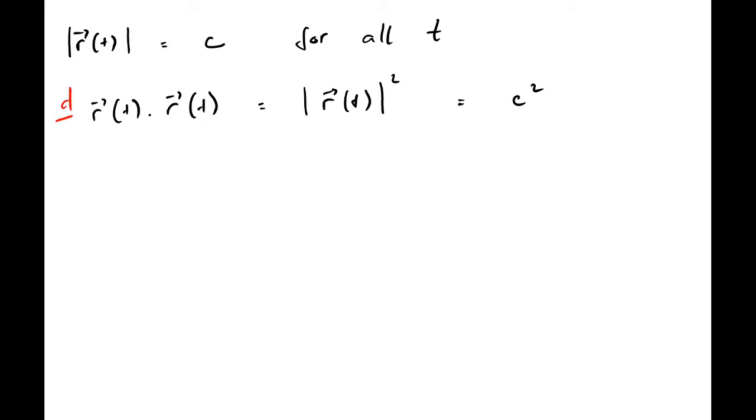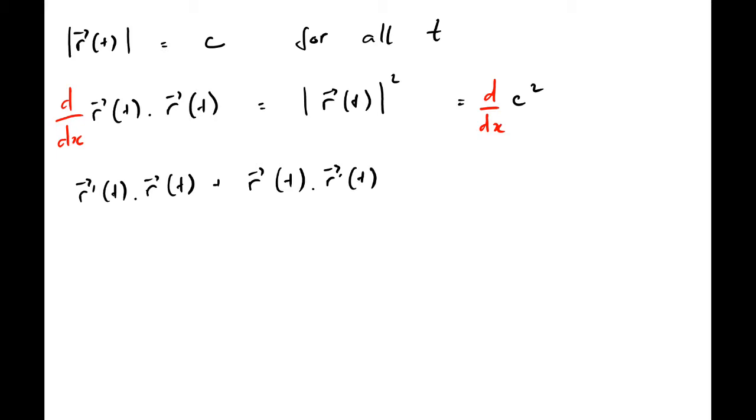Let's differentiate both sides. Then on the left side we will have r'(t) dot r(t) plus r(t) dot r'(t), and the right side will become 0 since it's a number.